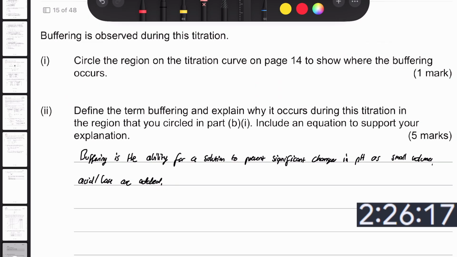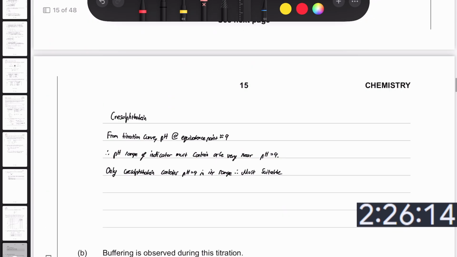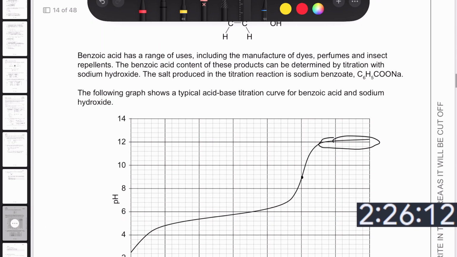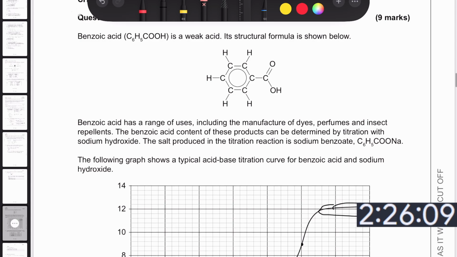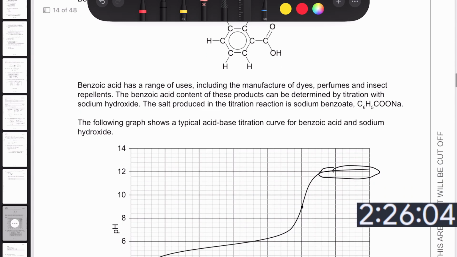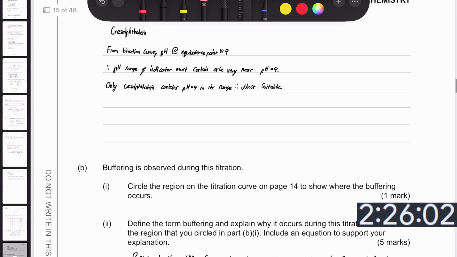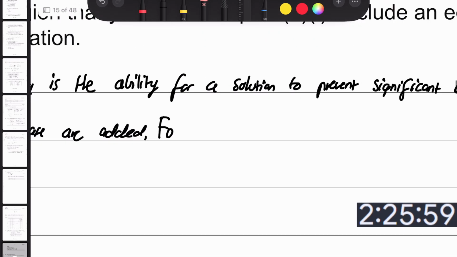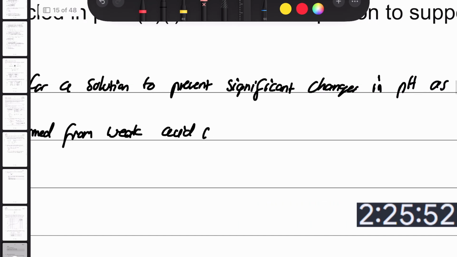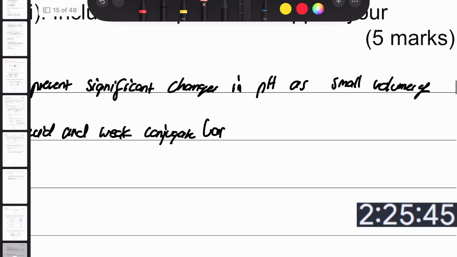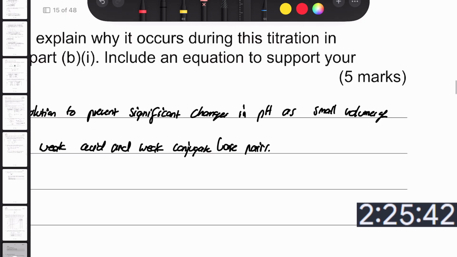And then they are formed from a weak acid and its weak conjugate base. They are formed from a weak acid and weak conjugate base pairs.